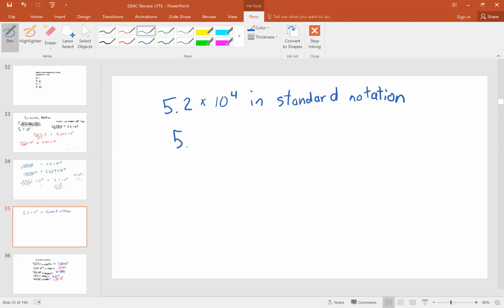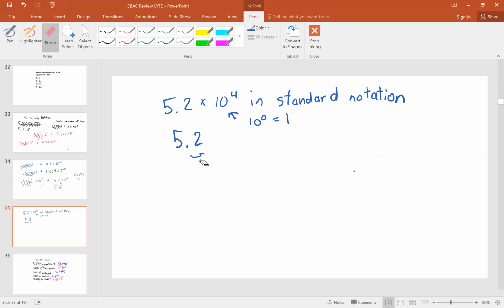So 5.2. Now, remember, anytime I go to the left, the exponent increases. Anytime I go to the right, the exponent will decrease. My goal, if I wanted to get it in the standard notation, is to make this 10 to the power of 0. Why? Because 10 to the power of 0 is equal to 1, like we did in the last problem.